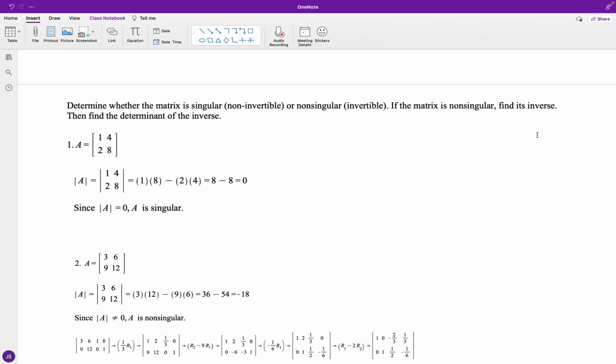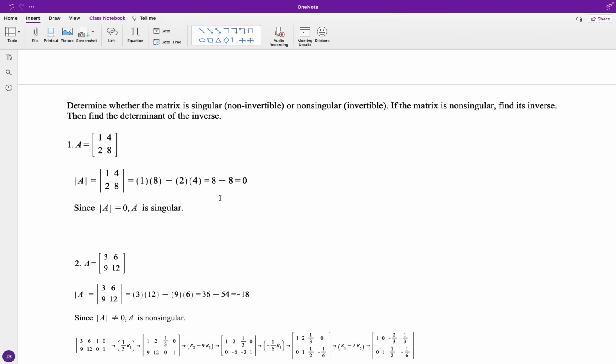If I take the determinant, with the diagonal products, I have 1 times 8, and then subtract the other diagonal product, obtained from multiplying 2 and 4, so 8 minus 8, which is equal to 0. Since the determinant of matrix A is equal to 0, this matrix is singular. So there's no inverse of this particular matrix.